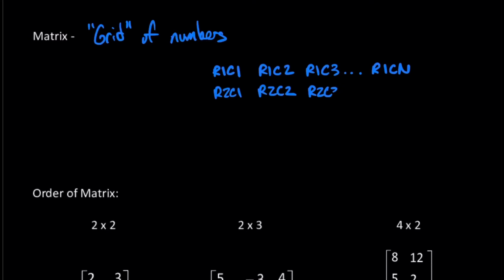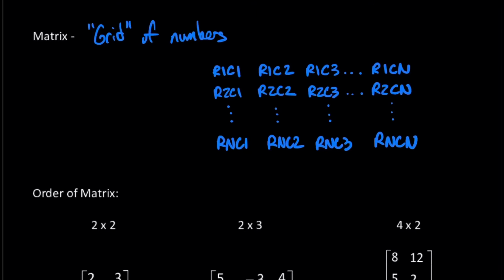Row 2, column 3, up to row 2, column n. And so on down to row n, column 1. Row n, column 2. Row n, column 3. Row n, column n. Okay, so what do we have here?